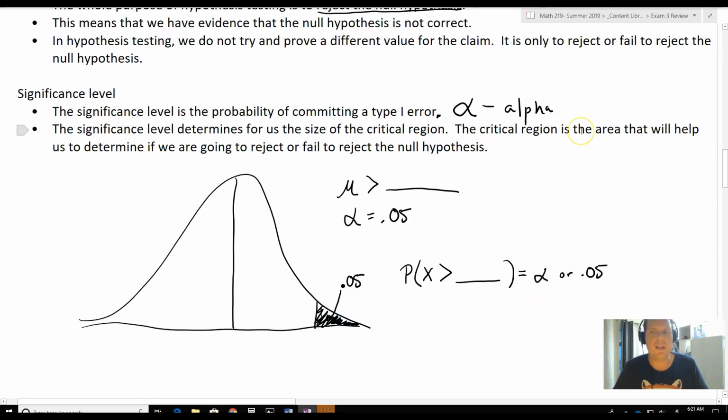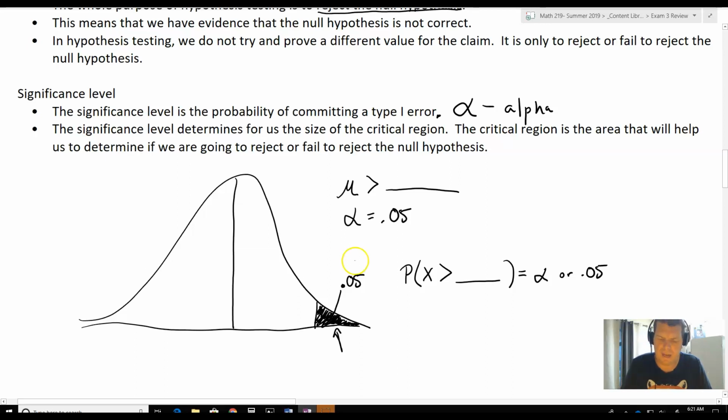The critical region is the area that will help us to determine if we're going to reject or fail to reject the null hypothesis. So just as a little foreshadowing, if our test statistic is in there, in the critical region, then we're going to reject. Okay, so you can understand that knowing how big that region is tells us how likely it is that we're going to reject the null hypothesis.